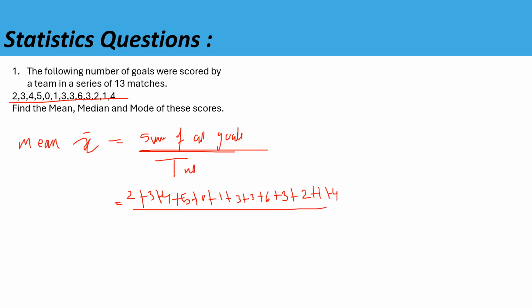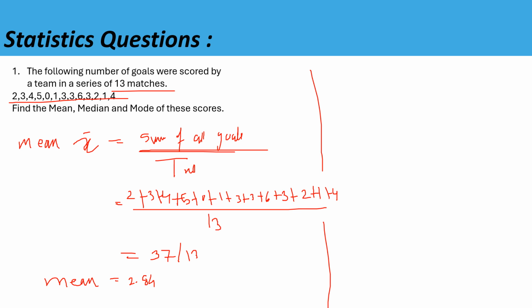So total are 13 matches. It comes up to 37 divided by 13. That means the mean is 2.84.